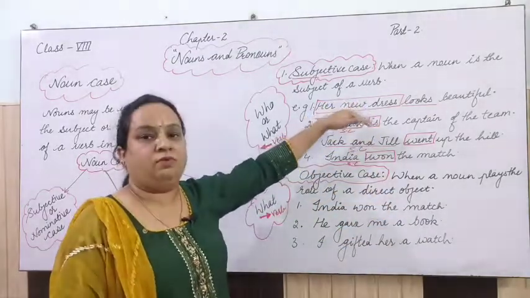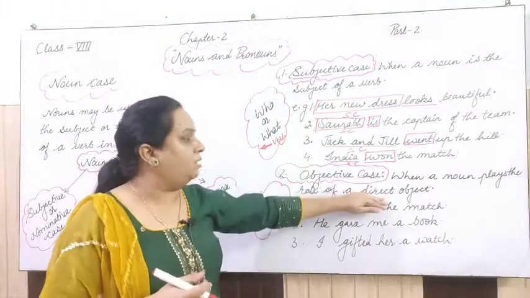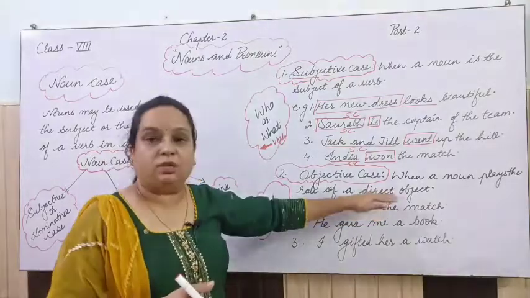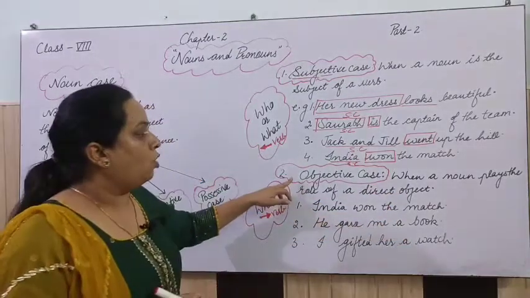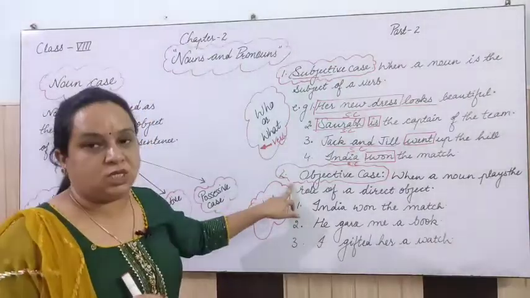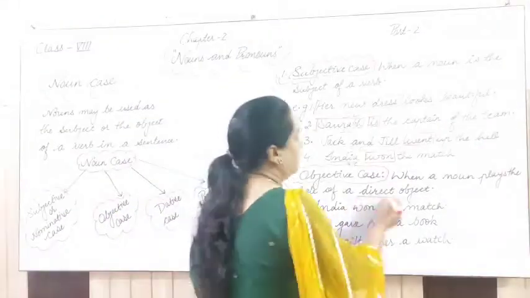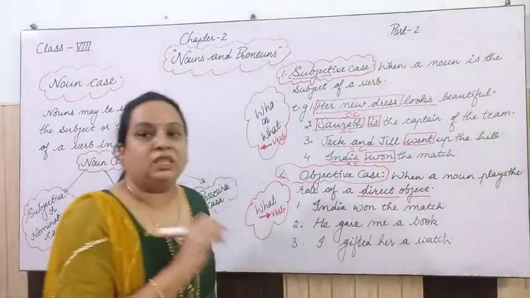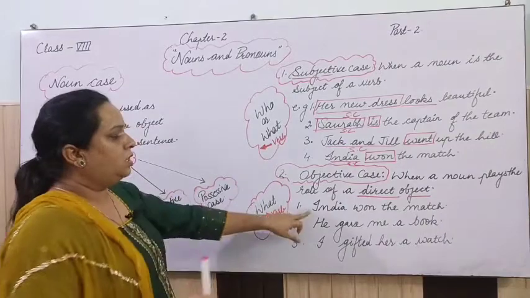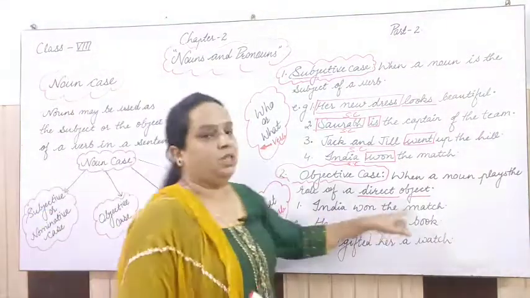Subjective case is before the verb, but direct objects are after the verbs, right? Objects can be of two kinds, direct and indirect. When we talk about the objective case, we have to look at direct objects, or the things after the verbs. So see the sentence, India won the match.